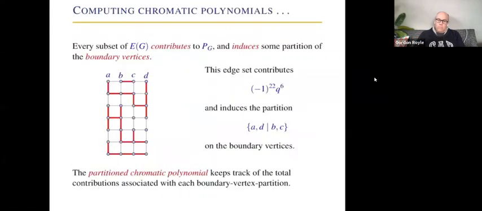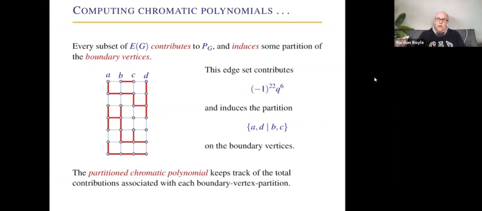The second reason why lattices are interesting or useful is because we can actually compute their chromatic polynomials in a better way than just doing deletion contraction. It relies on the inclusion-exclusion expression for the chromatic polynomial that I presented before. So here's sort of the general idea.